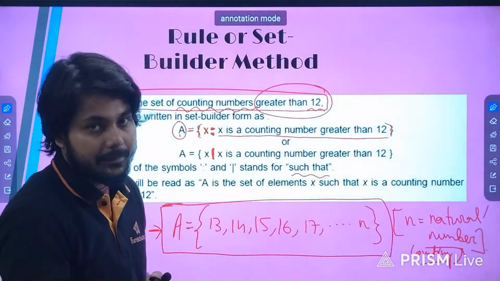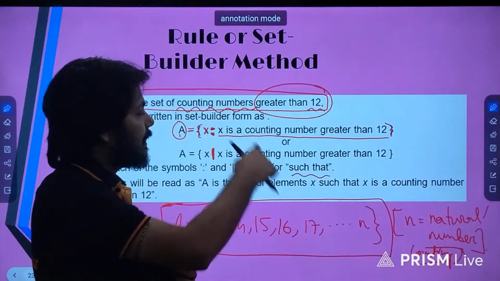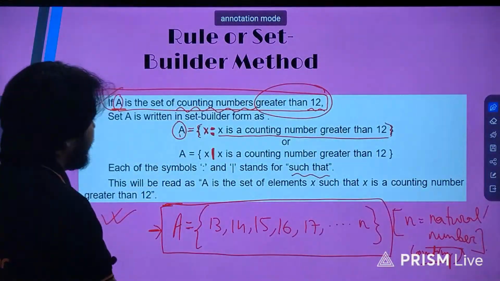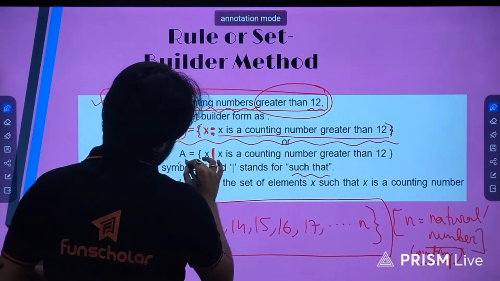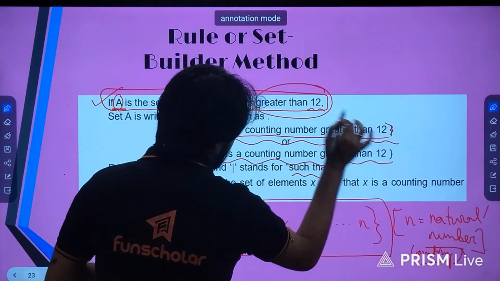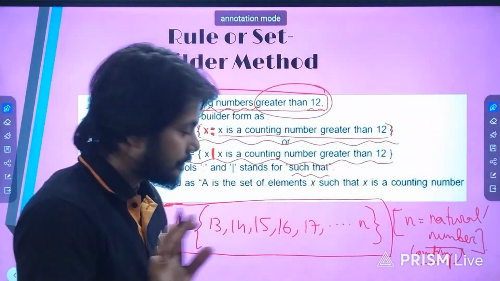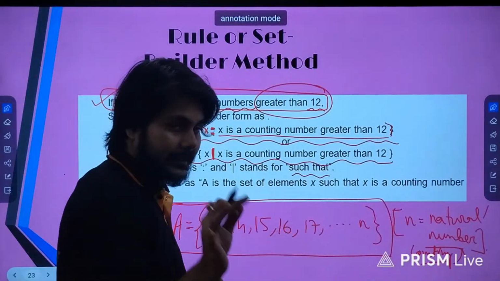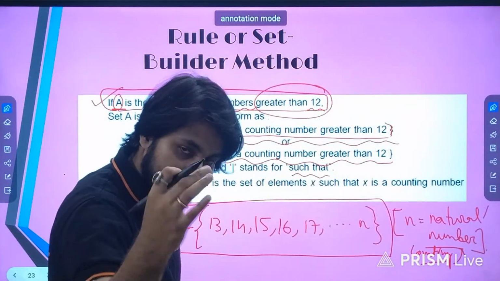And if you want to represent this set by the set builder method, then you need to write like this or like this. Am I clear or not? Did you understand the three ways of representation? Very good.